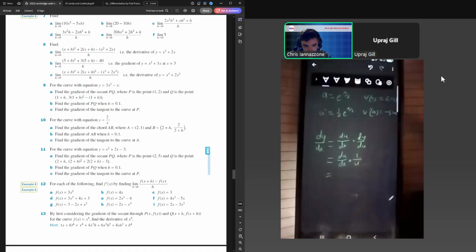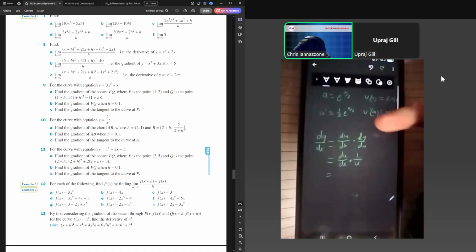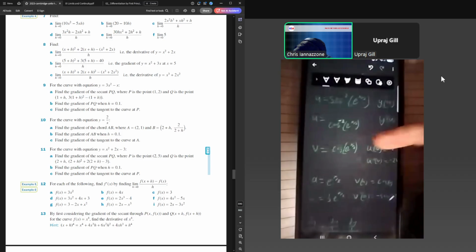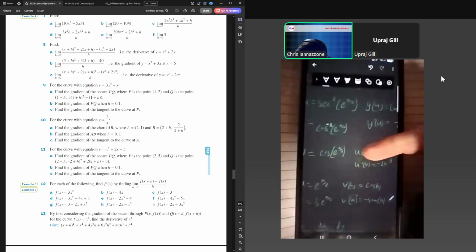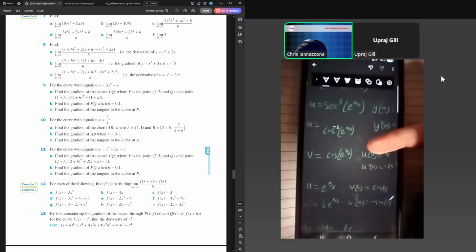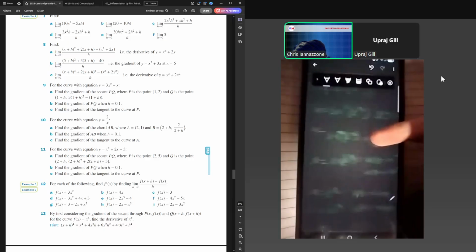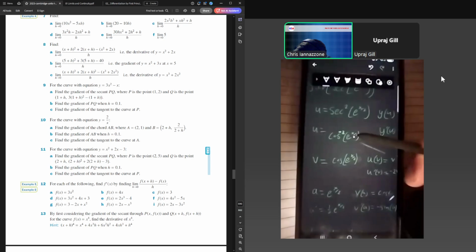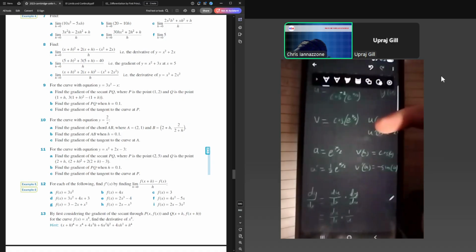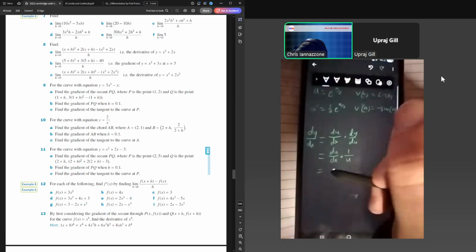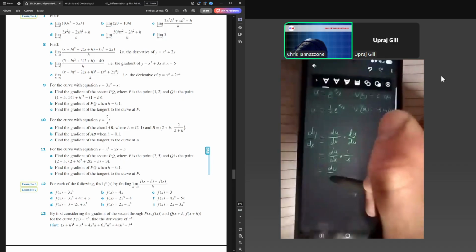Now, the next thing that's missing is du on dx. How do we do that? Well, to get du on dx, we need this thing here. So the derivative of this is dv on dx times du on dv.